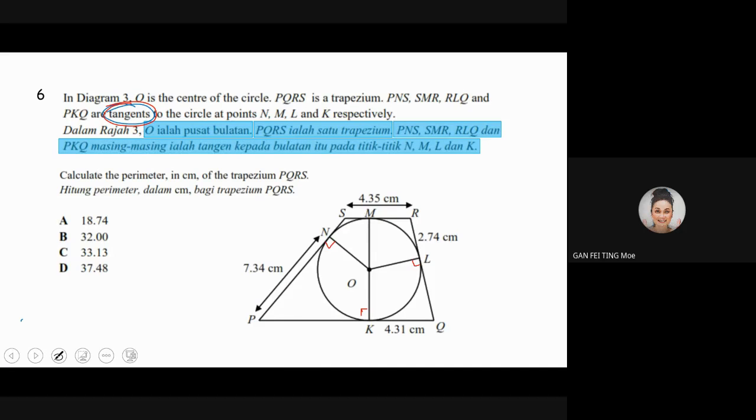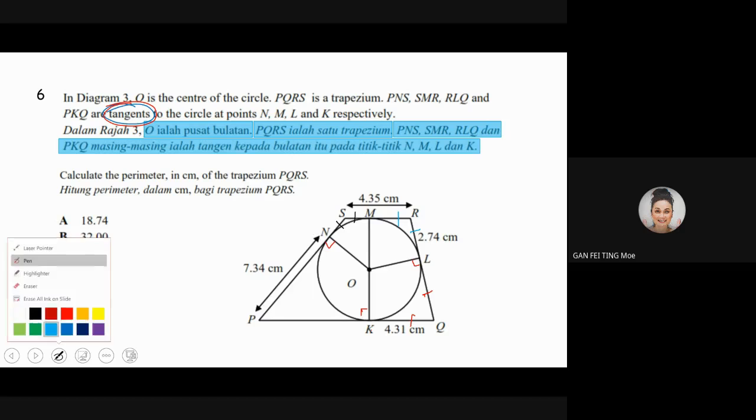So this is also very simple. Why tangent? You need to understand why it is tangent. It means that my KQ length will be equal to QL. And my LR will be equal to MR. Then after that, my SM will be equal to SN. And then finally, another one, I'll choose blue.